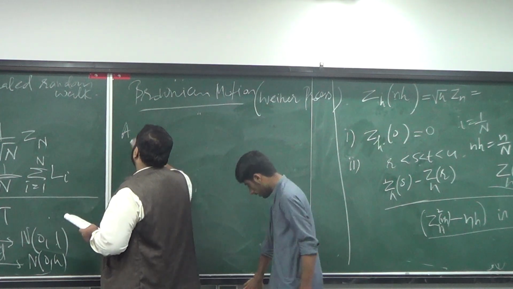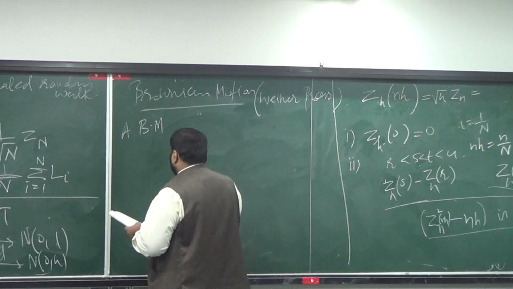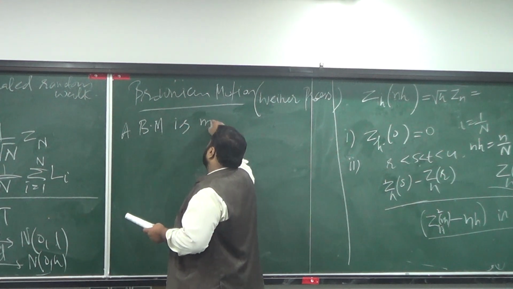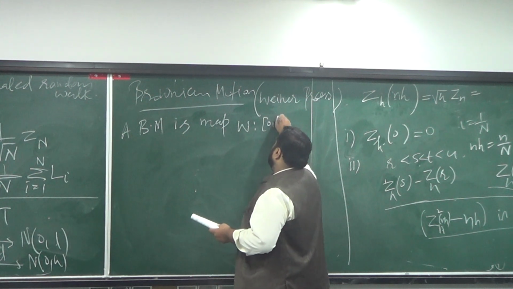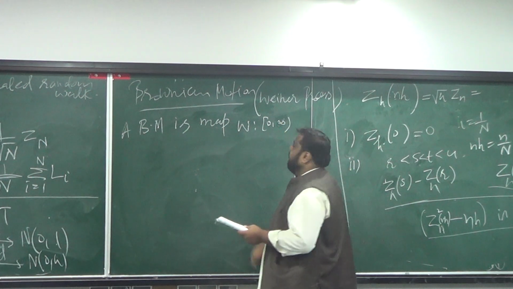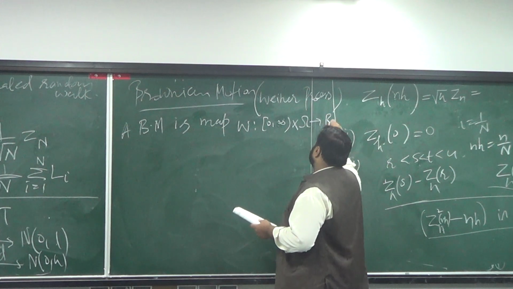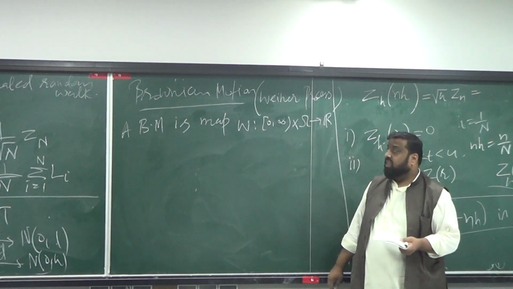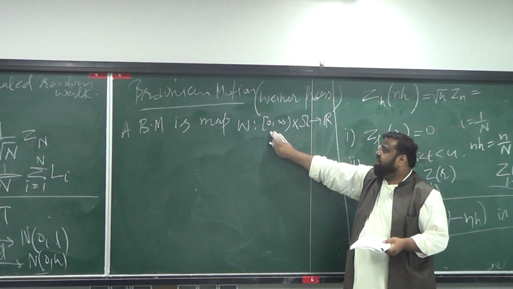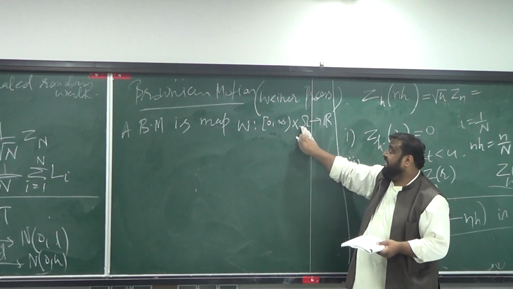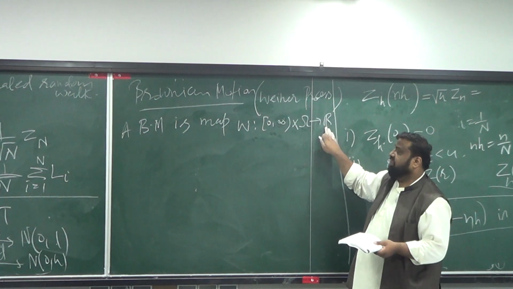So, Brownian motion is a map W from 0 to infinity times omega into R. So it's a process which depends on time and has some randomness associated with it, because omega is a sample space, and it throws the values into the R.